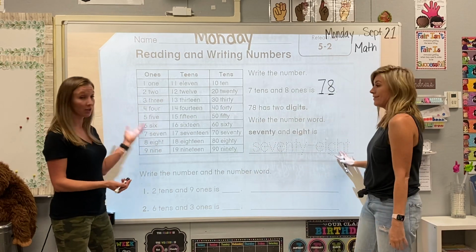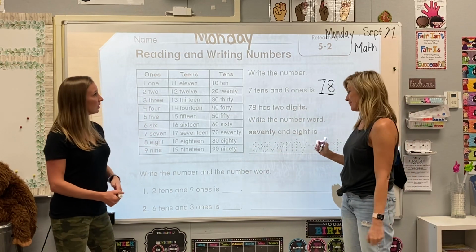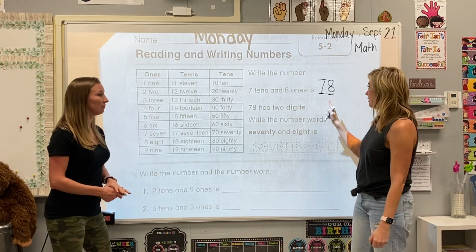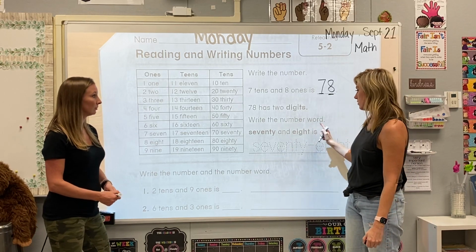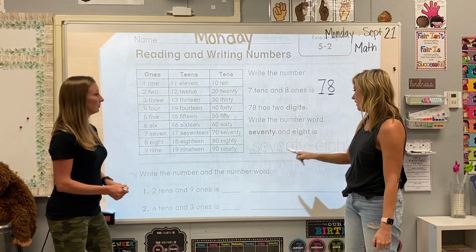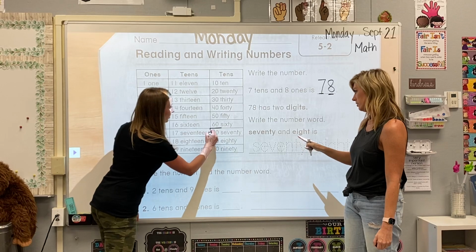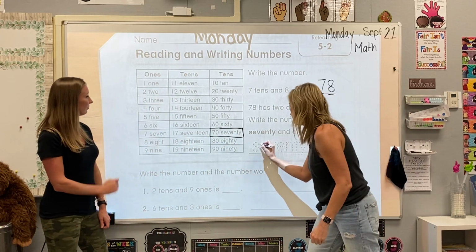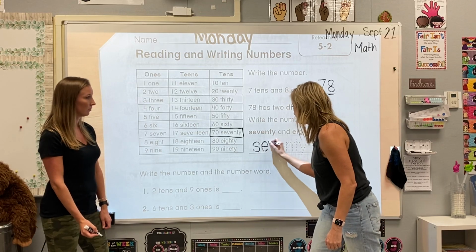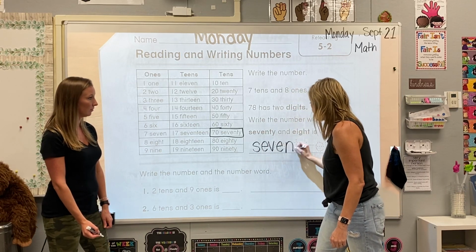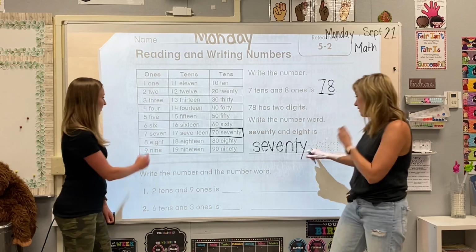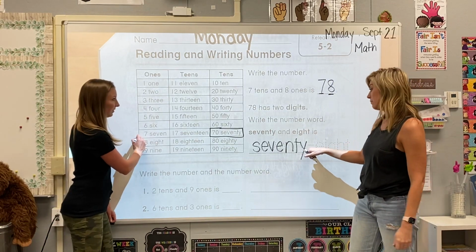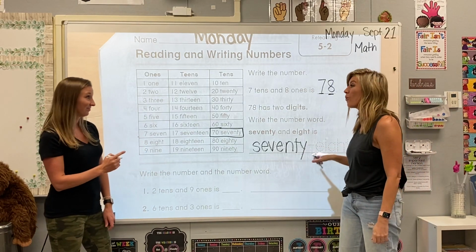And what a great chart and a good resource for students to use. Super good. So what number do you need to find on the chart? First, it's 78, so I need to find 70 first. All right, let me help you out. So here is going to be the number 70. Okay, 70. S-E-V-E-N-T-Y. And I noticed they put a dash here in between the tens column and the ones column.